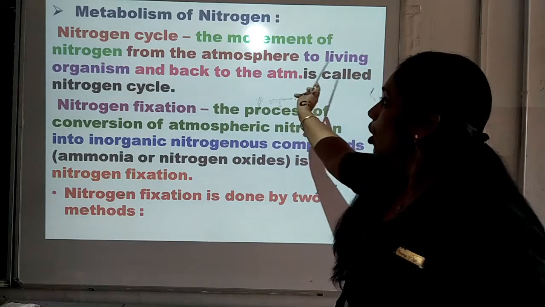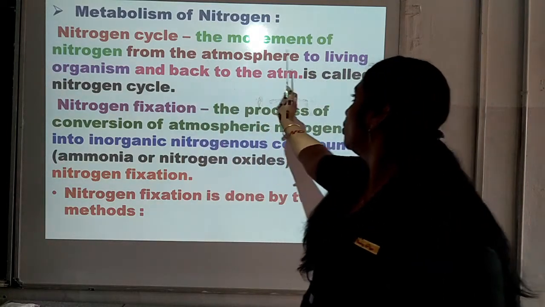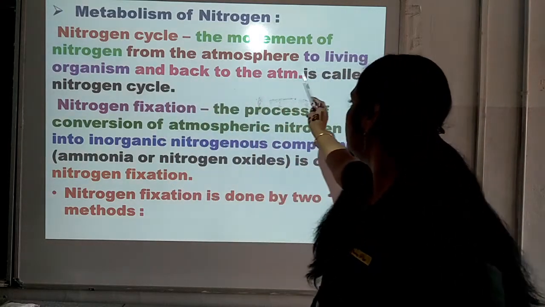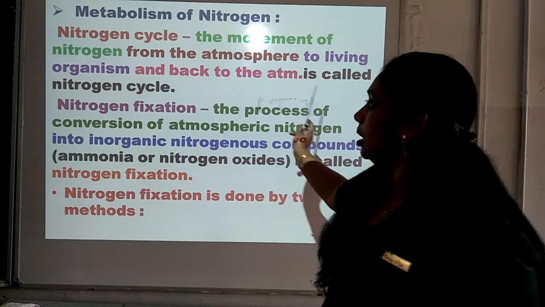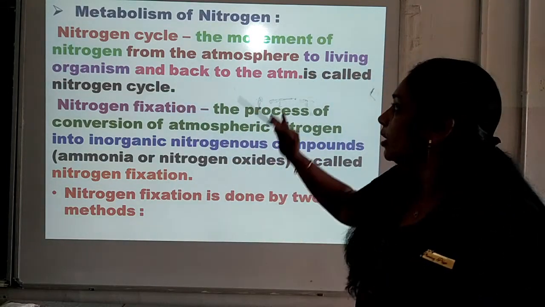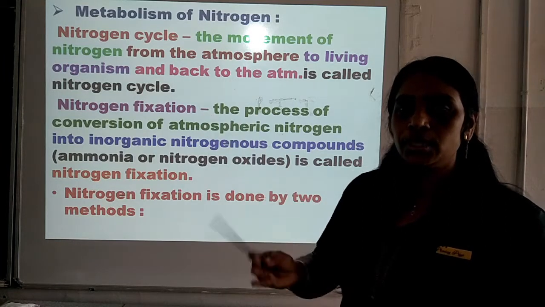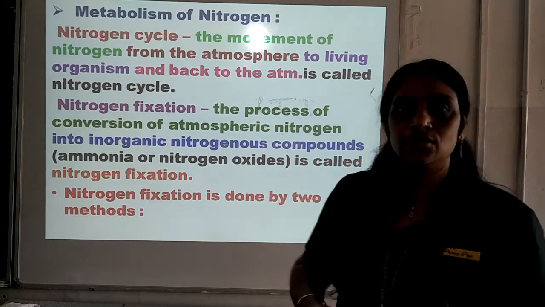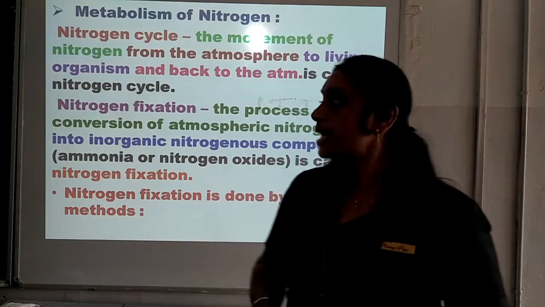The movement of nitrogen from the atmosphere to the living organism and back to the atmosphere is called the nitrogen cycle.